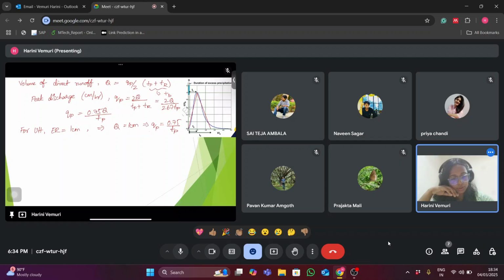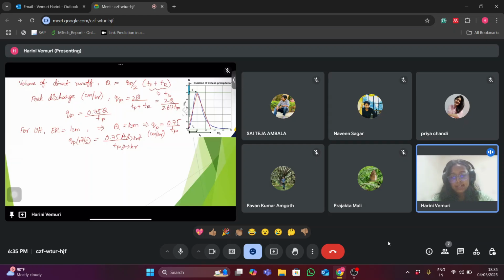And QP is in units of centimeter per hour. If you want to convert into cumecs, that is meter cube per second, then what do you have to do? We have to multiply with area. This area will be in kilometer square generally, and the time unit will be in hours.